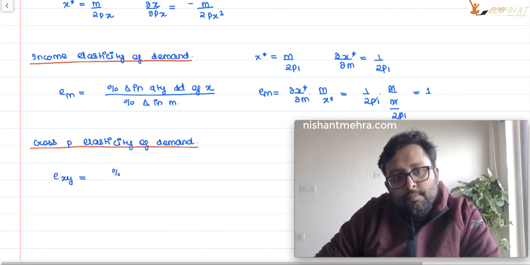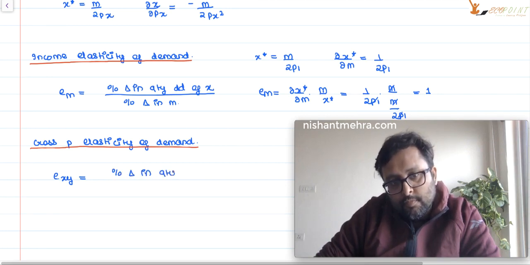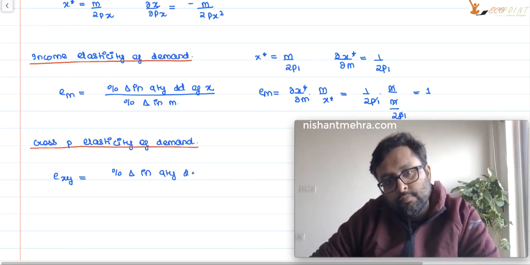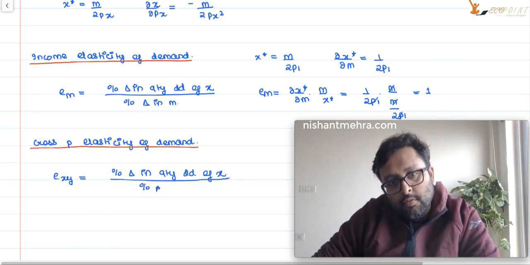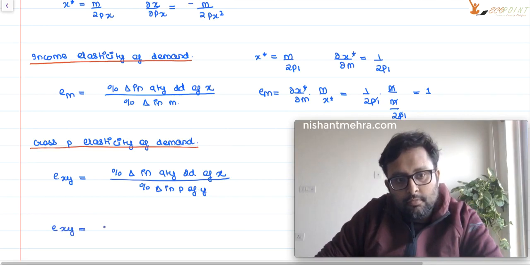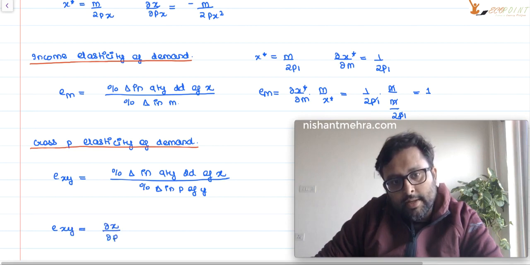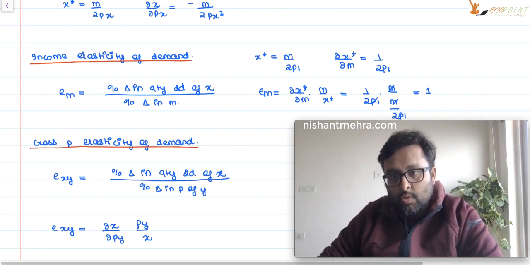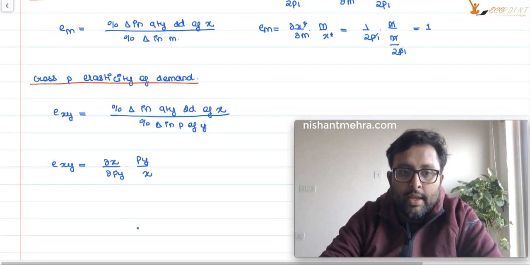So EXY is the percentage change in quantity demanded of X whole upon percentage change in price of Y. So it is del X by del Py into Py by X. Basically what you're trying to say is, if the price of the commodity Y increases in percentage terms, what is the percentage change in the quantity demanded for X?